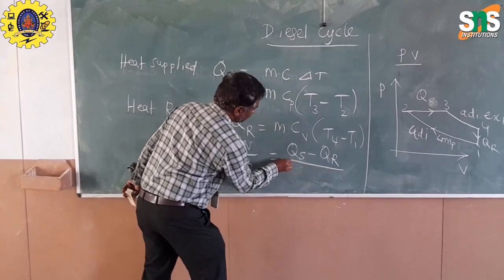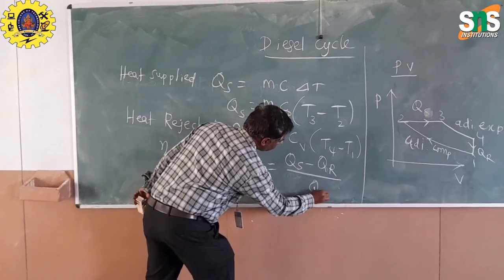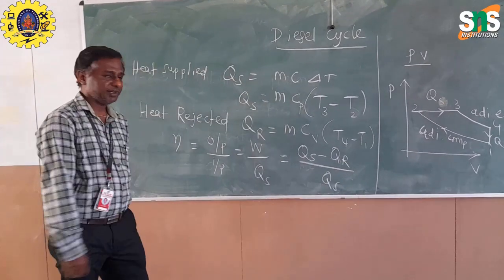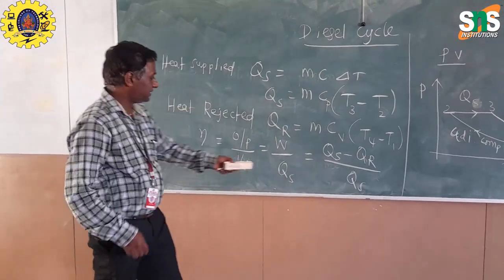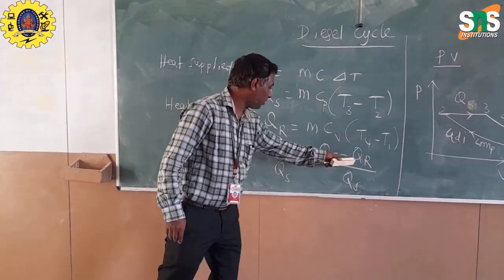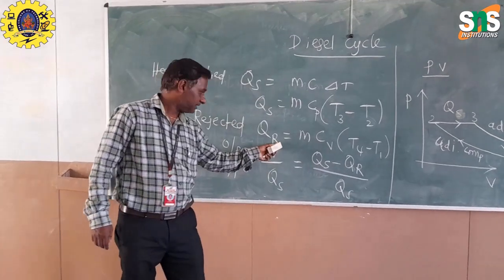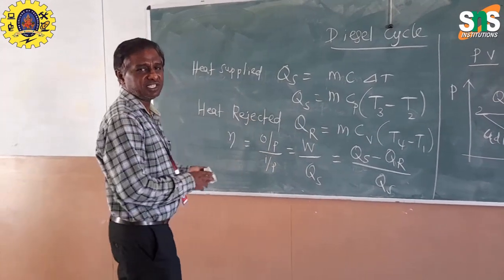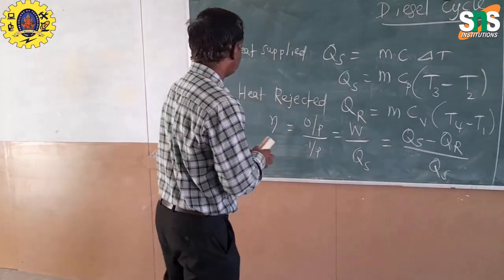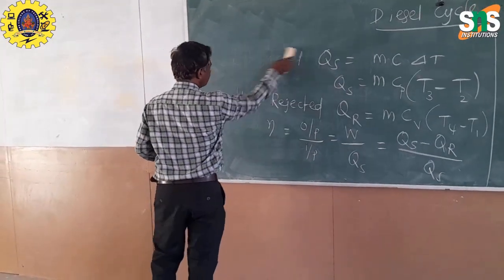Just subtract these: Qs minus QR will be the work done. Okay. And you can substitute Qs and QR. So finally, by simplification, I just give you the expression for the efficiency of the diesel cycle.